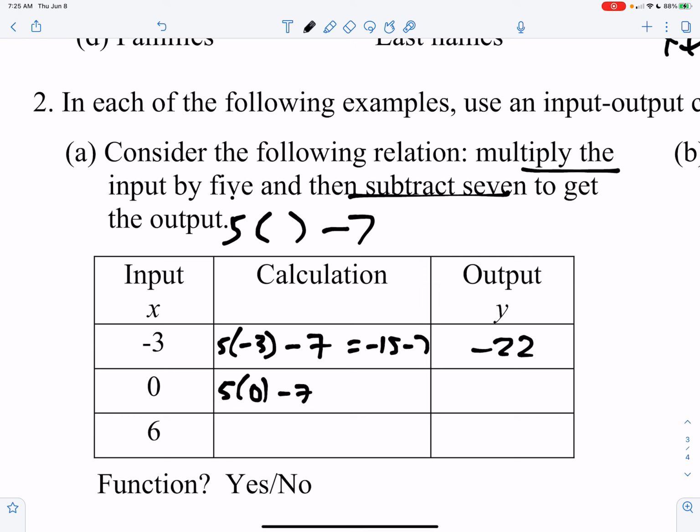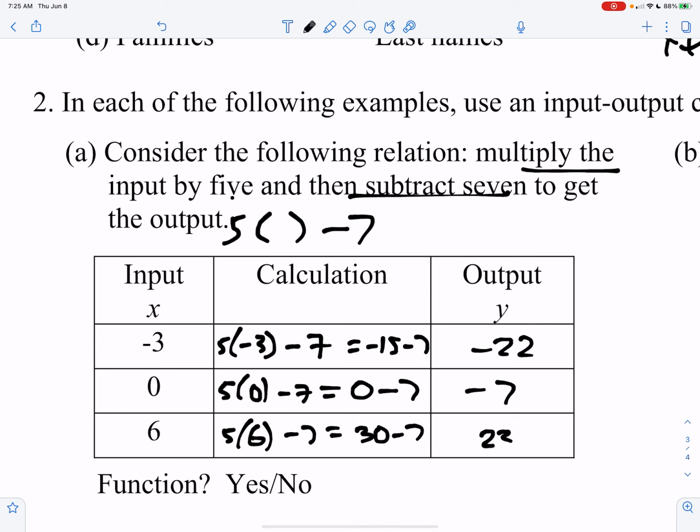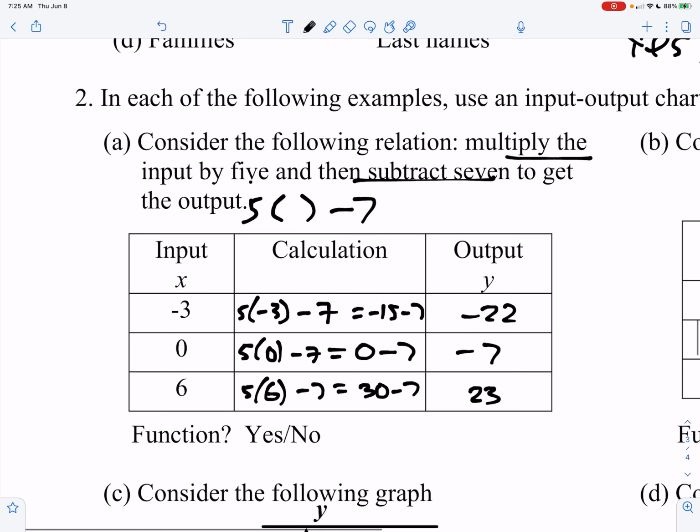So we're going to go 5 times 0 is 0, minus 7 is -7. And then for the last one, I'm going to go 5 times 6 minus 7. Well, 5 times 6 is 30. 30 minus 7 would be 23.